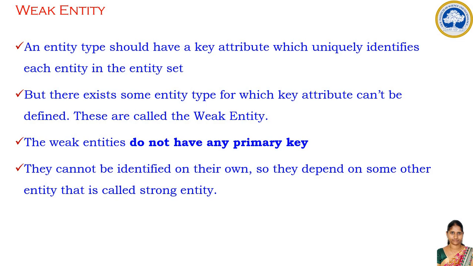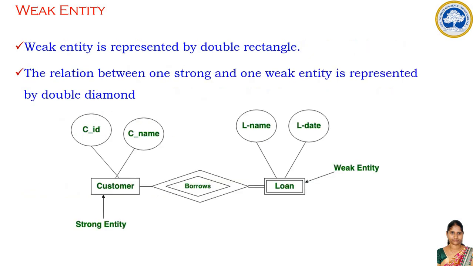We can see this with an example: the customer borrows a loan. Here the customer has two attributes, customer ID and name. Then the loan has loan name and loan date. Here, the loan is considered a weak entity.